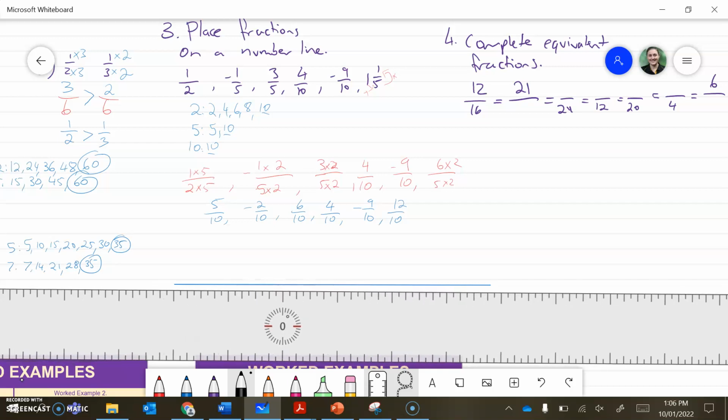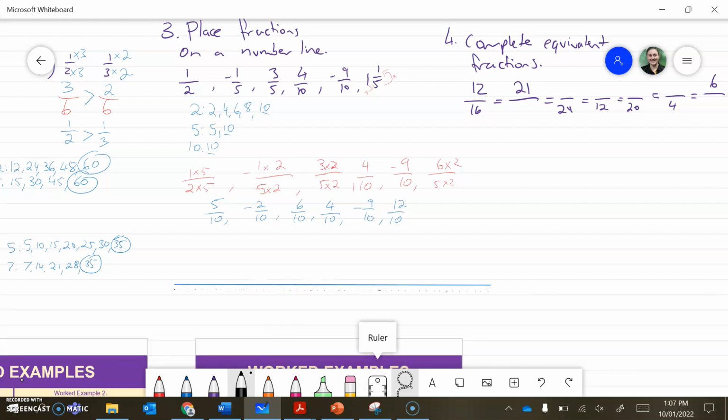So what I'm going to do is mark it. It's really important that we have nice even increments along our line.